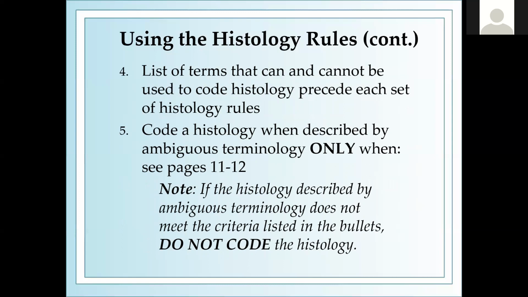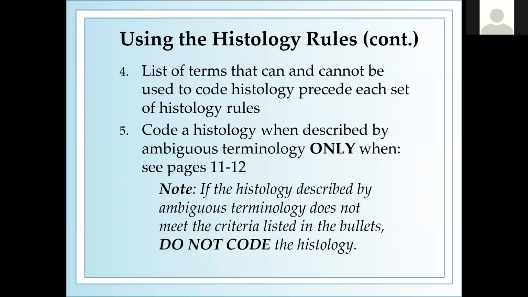There are lists of terms that can and cannot be used to code histology before each set of histology rules. These may be different for each site group, so make sure that you read them carefully each time you use that site module.